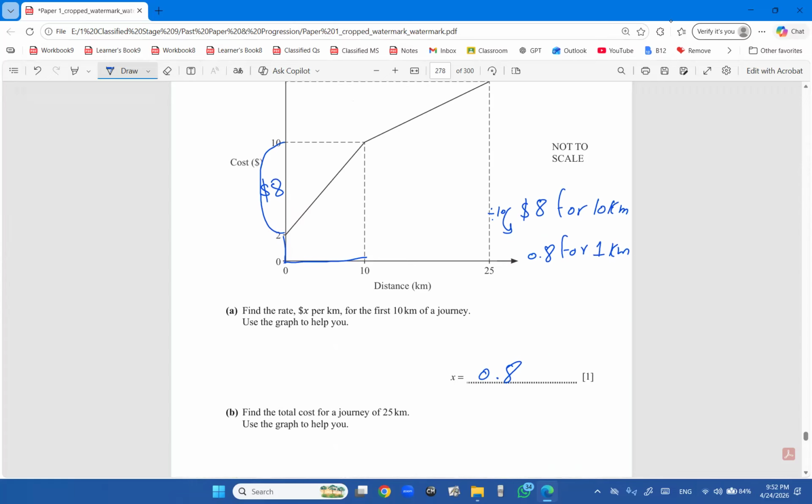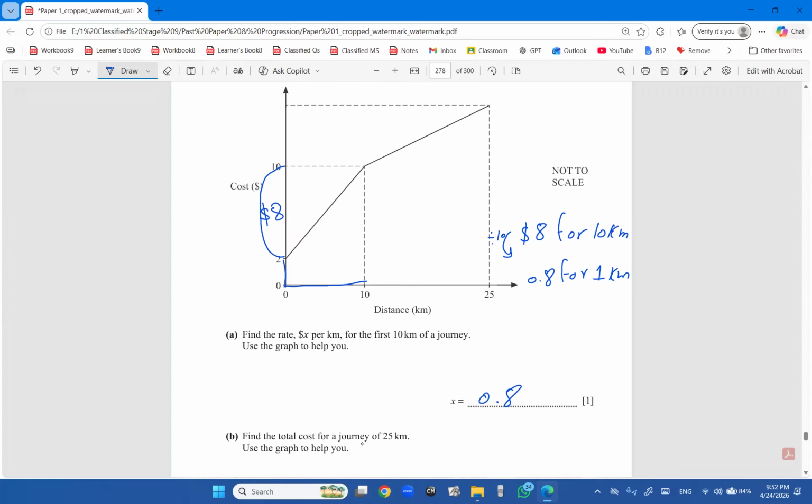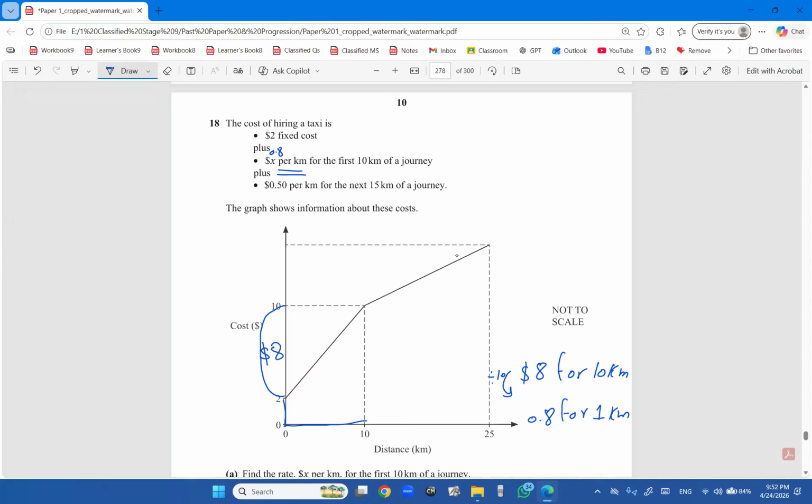All right. The second question is saying to find the total cost for a journey of 25 kilometers. Use the graph to help you. So for 25 kilometers, they're saying $0.50 per kilometer for the next 15 kilometers.